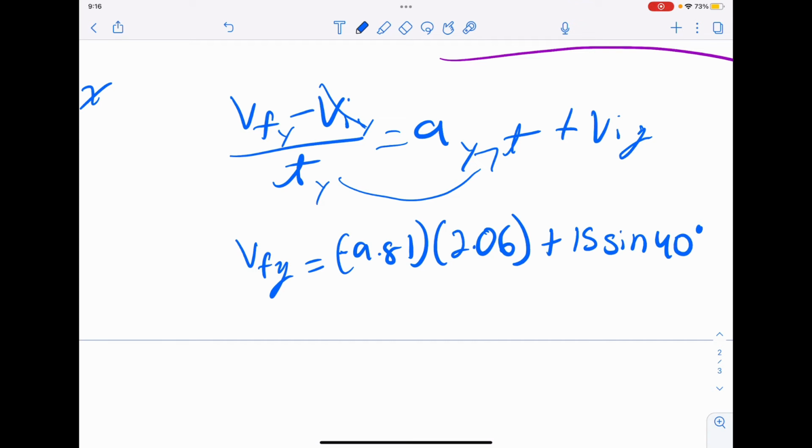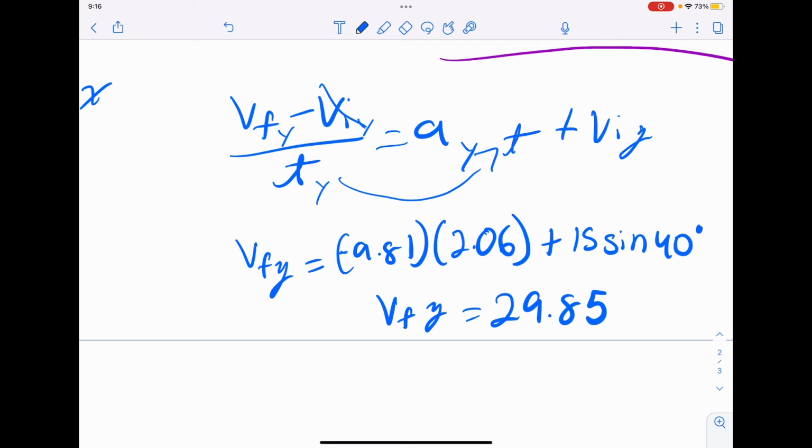Let's go ahead and plug it into our calculator. 9.81 times 2.06 plus 15 sine 40. We're going to get our V final in the y is equal to 29.85. Oh, I didn't put a negative.